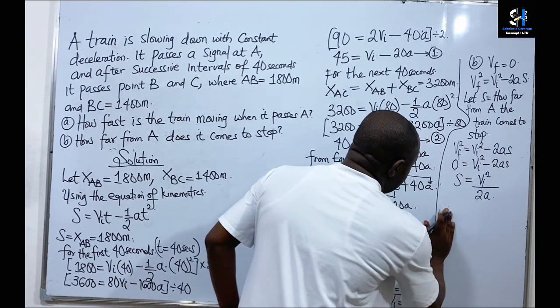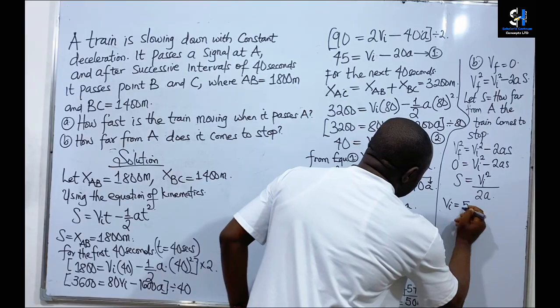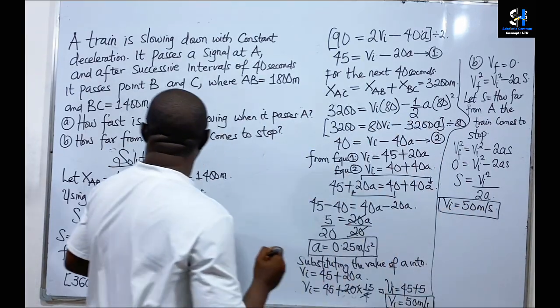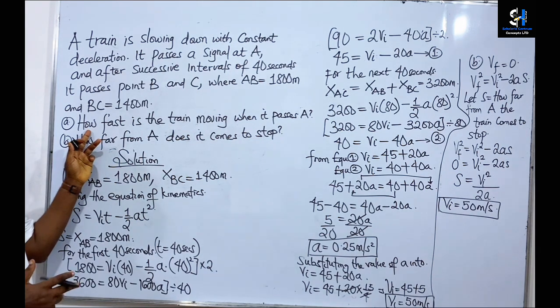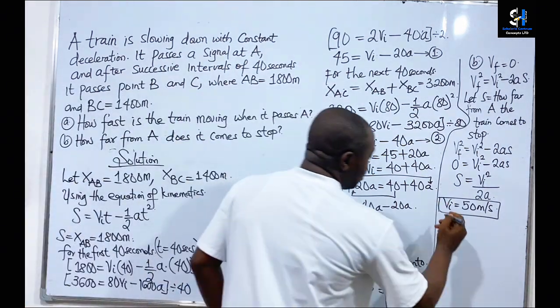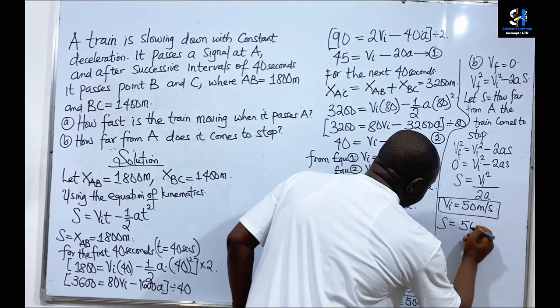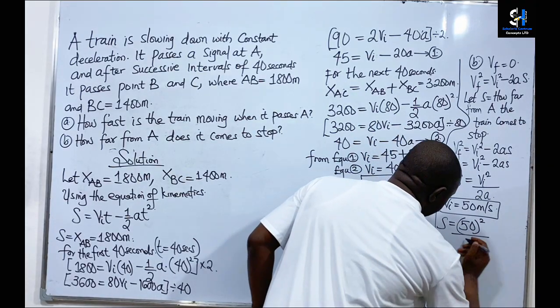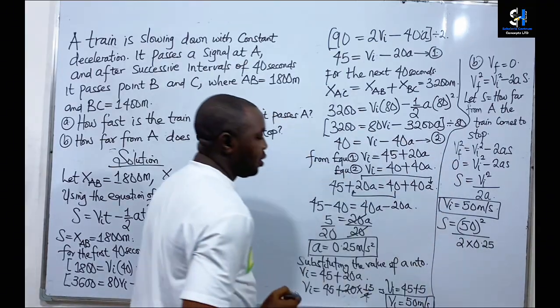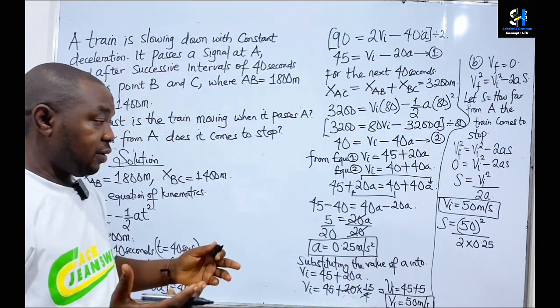Let's not forget that the initial velocity is 50 meters per second, which is the one we calculated in the first part: how fast is the train moving when it passes A? So we have s equals 50 raised to the power of 2 divided by 2 times 0.25, which is 1 over 4, and that will be 1 half.